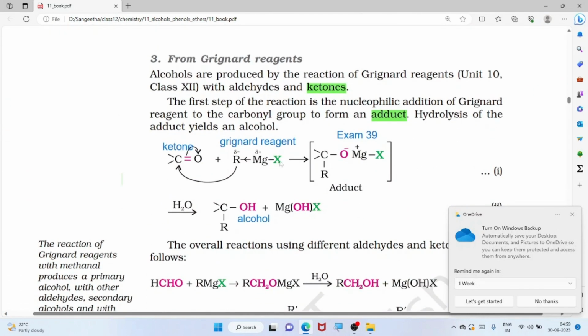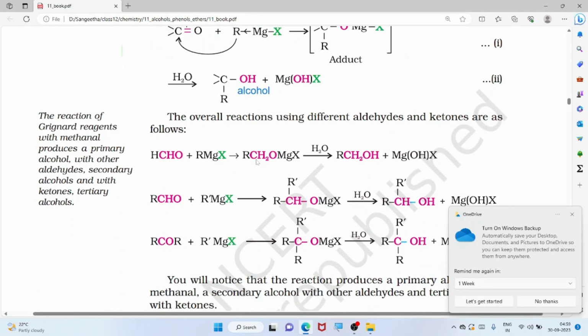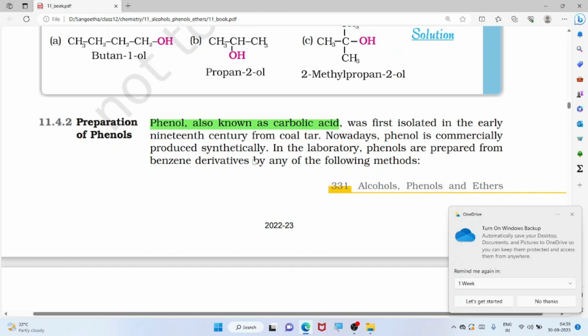This is a Grignard reagent, RMgX. This compound is a Grignard reagent. So phenol is also known as carbolic acid.